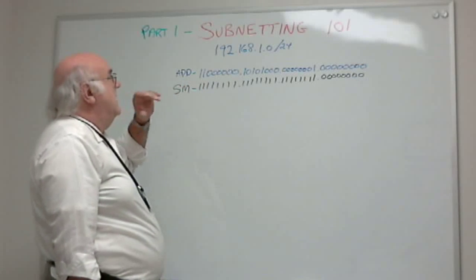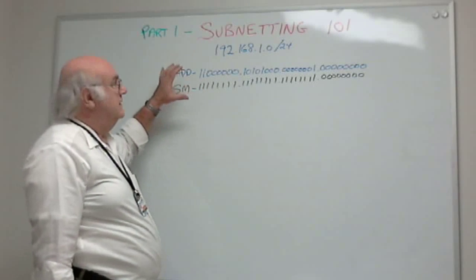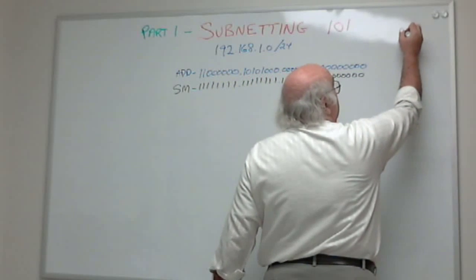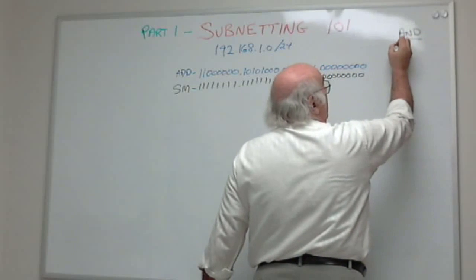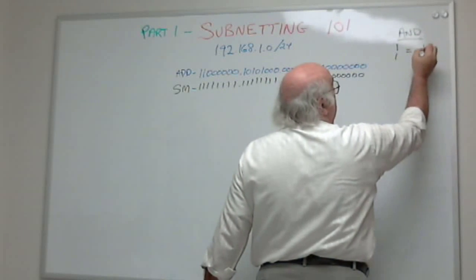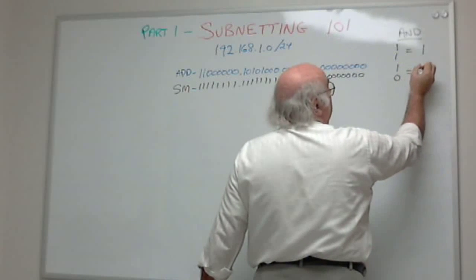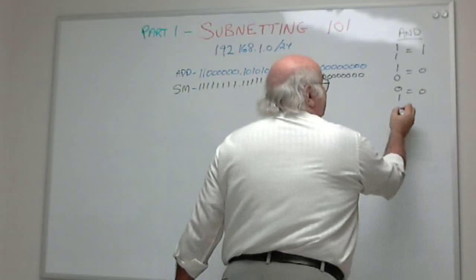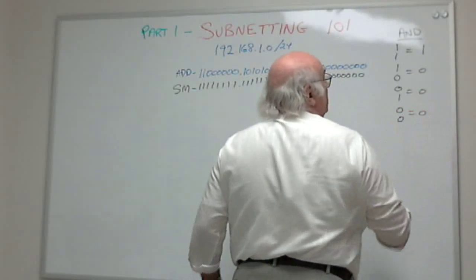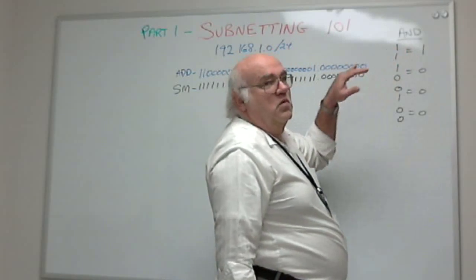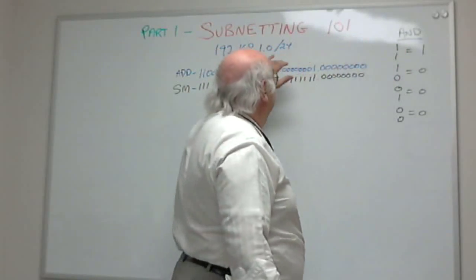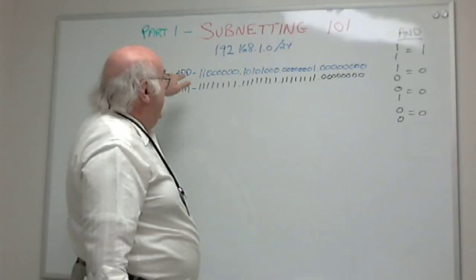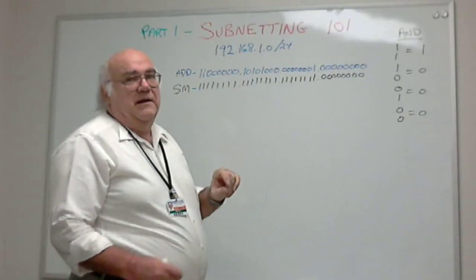How we get our network address is by ANDing. There was discussion on ANDing in the curriculum. A 1 AND a 1 equals a 1. A 1 AND a 0 equals a 0. A 0 AND a 1 equals a 0. A 0 AND a 0 equals a 0. So the only way I can get a 1 in my address is if both the address portion and the subnet mask portion have a 1.